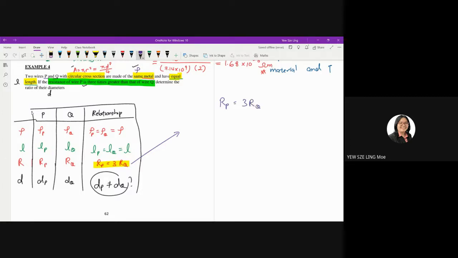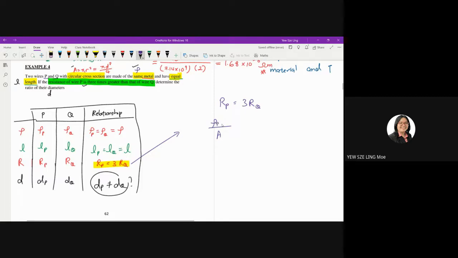If you look at the table, we are talking about the physical structure of the resistor. So RP, I'm going to expand it and use the equation rho L over A. If you want to use rho L over A, then make sure to add a subscript.